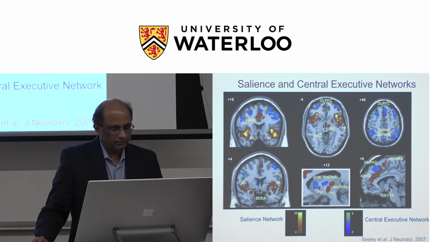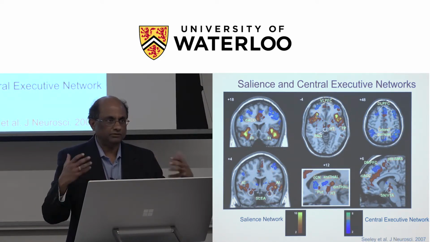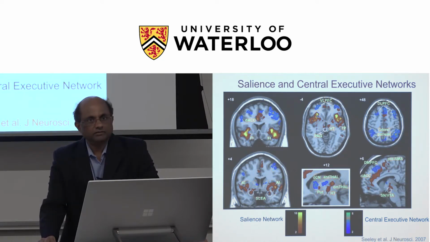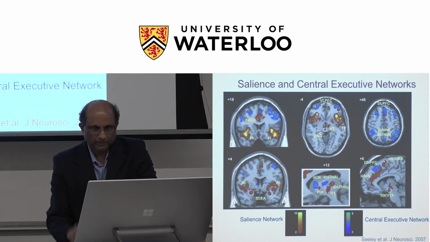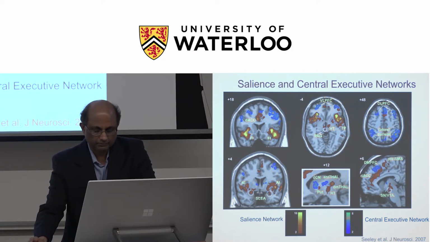The fact that they're connected within a circuit allows preferential access of the anterior insula to the subcortical nodes that help to signal salient stimuli in the environment. And that is another reason why we term this system the salience network.